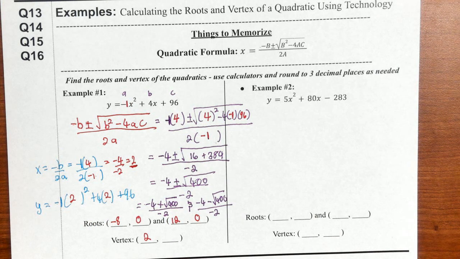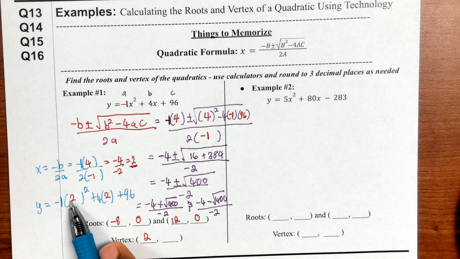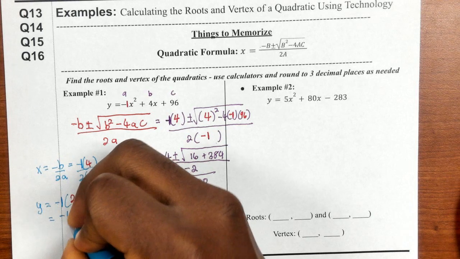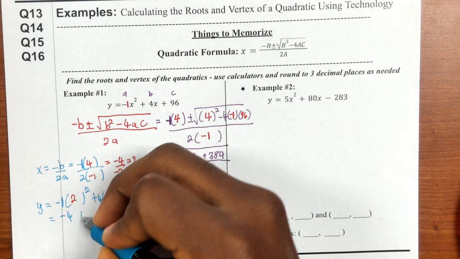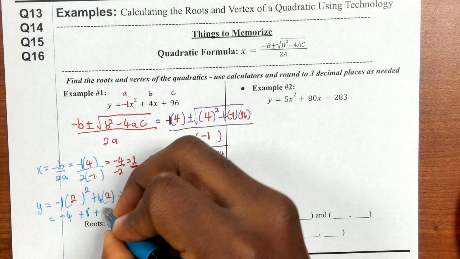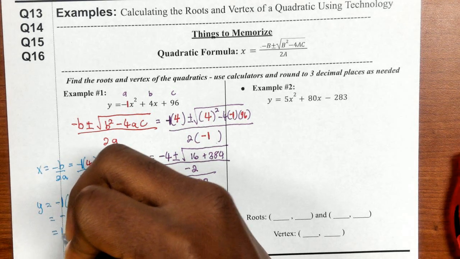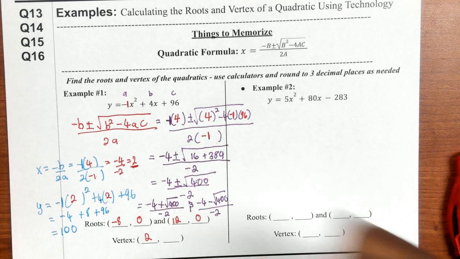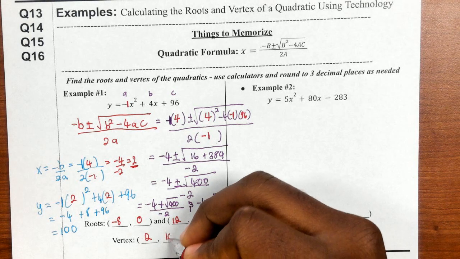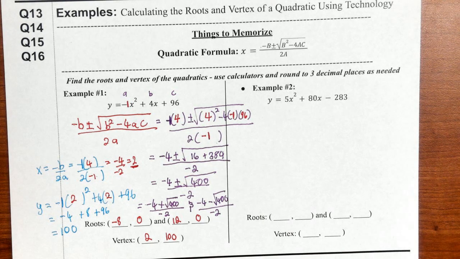When I calculate that, I'm going to do this in my head. 2 squared is 4. 4 times negative 1 is negative 4. 4 times 2 is 8. And then the positive 96, I'm going to rewrite it. Negative 4 plus 8 is positive 4. 4 plus 96 is 100. So the y value for that vertex is 100. And that is how you do that question.